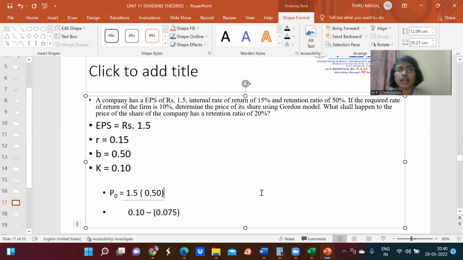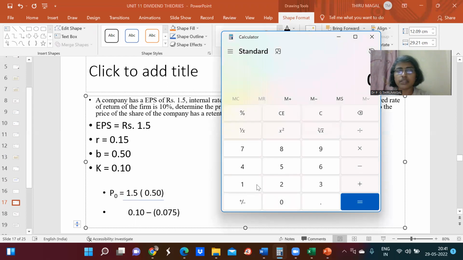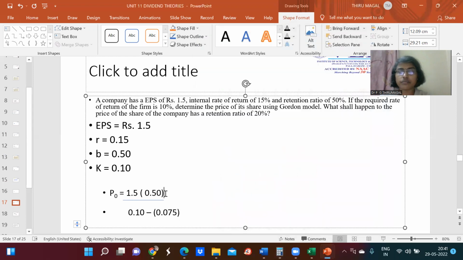Now we'll simplify again. We'll multiply the numerator: 1.5 multiplied with 0.50, the value is 0.75. That is the numerator value. For the denominator, we need to subtract these two.